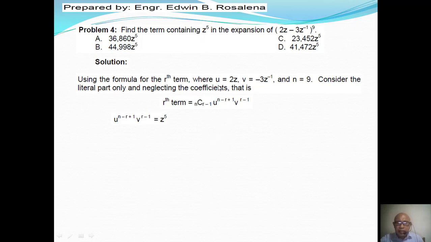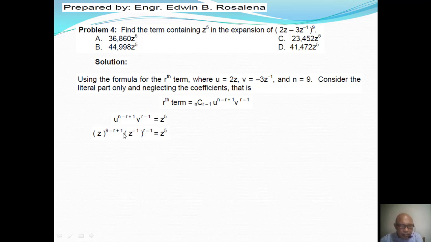Okay. So, dito, u, ang gagamitin ko, z lang muna. Wala lang muna ang coefficient, ha? Then, sa v, ang gagamitin ko, z to the power negative 1. Wala lang muna ang negative 3 na coefficient. Okay. So, u to the power this, v to the power this, equal to z to the power 5. So, if we substitute, z to the power 9 minus r plus 1, then z to the negative 1, r minus 1.